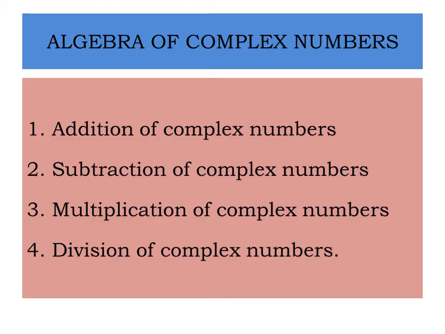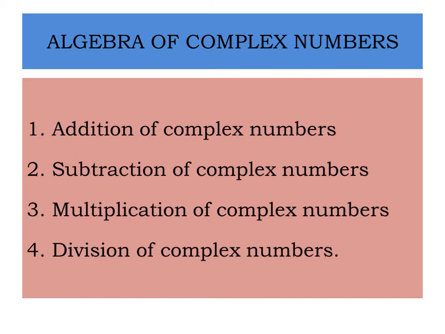In this subpoint 2, algebra of complex numbers, we are going to study the algebra of complex numbers, that is, addition, subtraction, multiplication, and division of complex numbers. Students, these are the fundamental operations on numbers, and they are used as we use them for simple numbers.